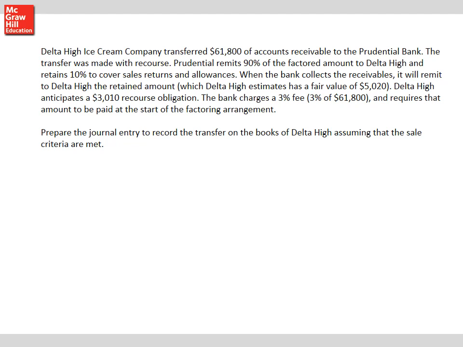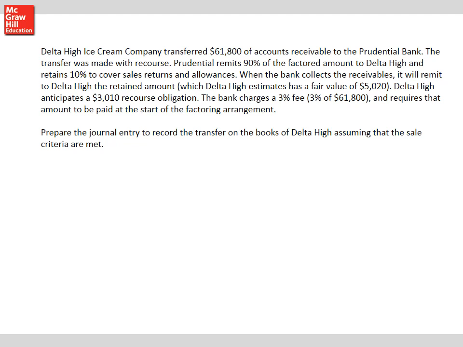When the bank collects the receivables, it will remit to Delta the retained amount, which they've estimated has a value of $5,020. So Delta feels, we're probably going to get back about $5,020. They're going to collect everything. They also anticipate what they call a recourse obligation of $3,010. So Delta has estimated probably about $3,010 of those accounts receivables will never be collected.